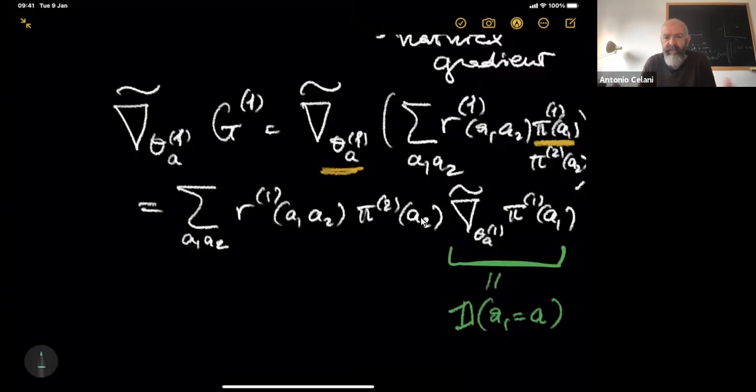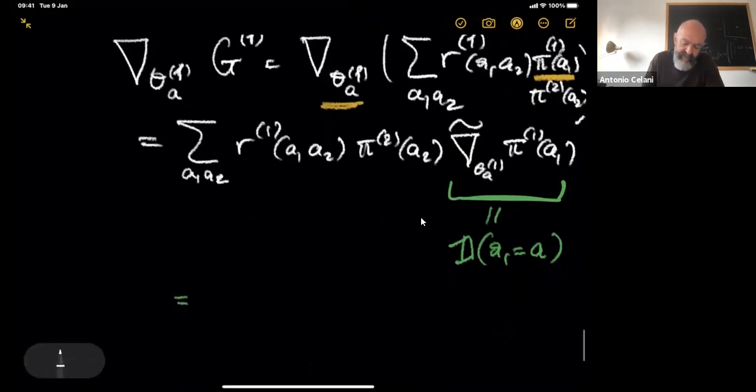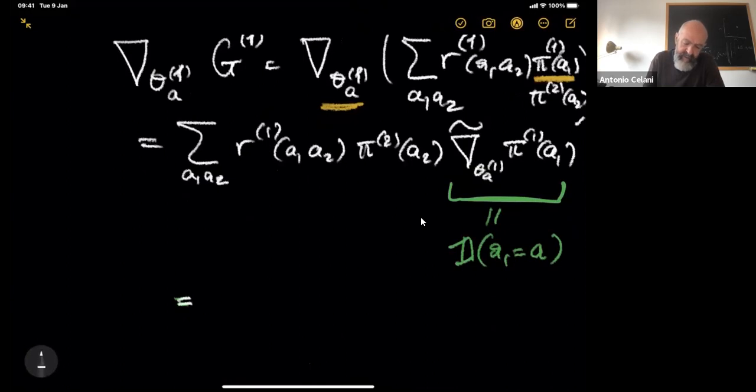For instance, you just have two actions, so that's very straightforward, if annoying. Or you can use a symbolic calculator and you will find out that this is the result. Which has an interesting consequence, because this simplifies the expression for the gradient here, which removes the sum over A1 and just says that this is the sum over A2 of pi_2(A2) R1(A, A2).